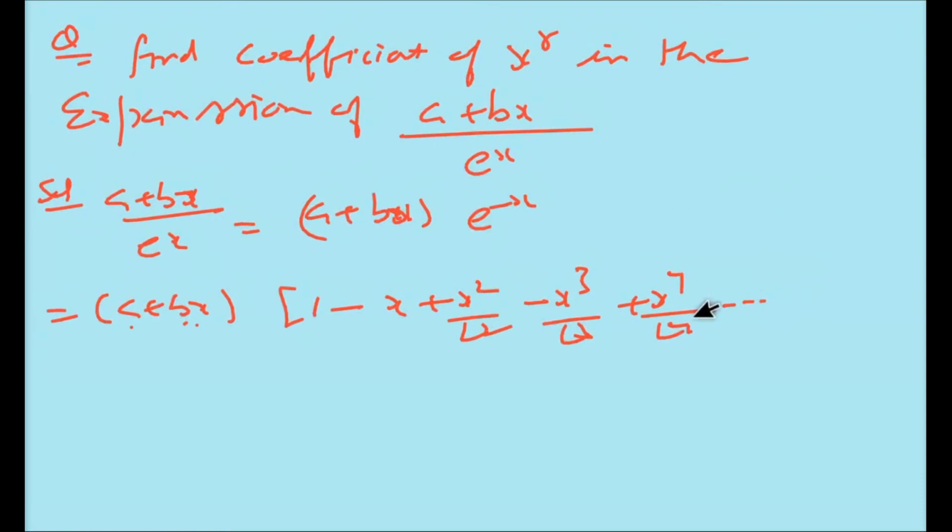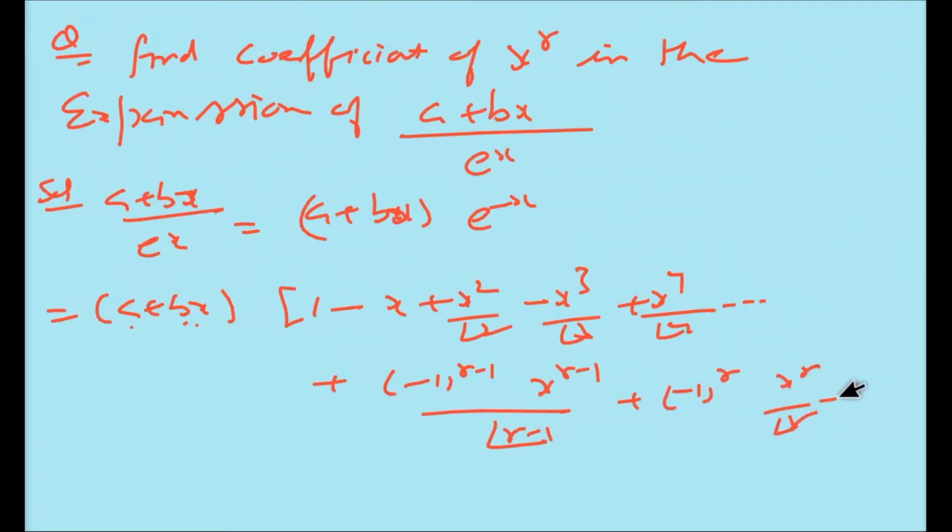Okay student, so we write these two more terms: minus 1 to the power r minus 1, x to the power r minus 1 upon factorial r minus 1, and minus 1 to the power r, x to the power r upon factorial r, and so on. Here it is minus 1 to the power 1, minus 1 to the power 2, minus 1 to the power 3, therefore it is negative. Okay, so we are writing this way.